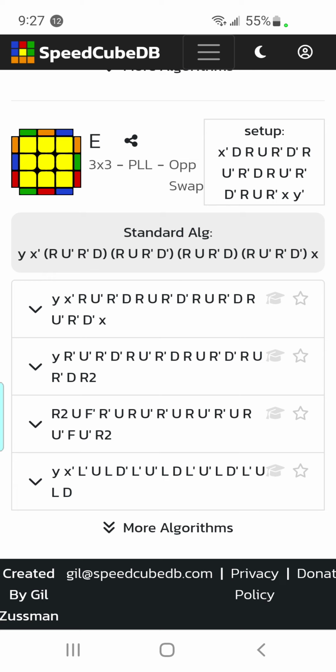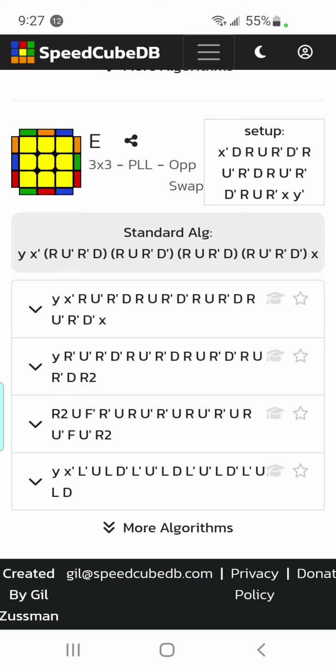Because if you're doing D, you should do the move clockwise. So what I mean is that you should do it counterclockwise, because if you do it clockwise in the clock's direction, then you could mess up the whole cube and you have to try to solve it again.